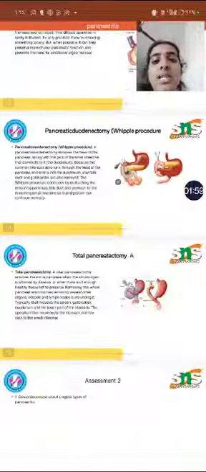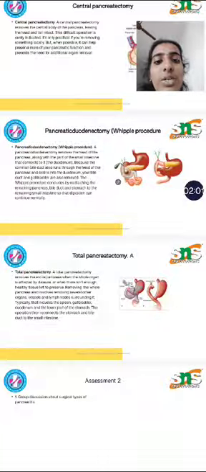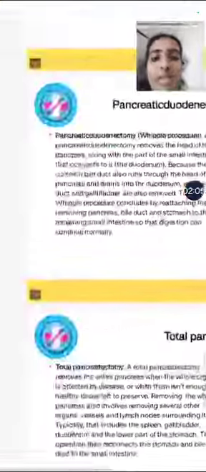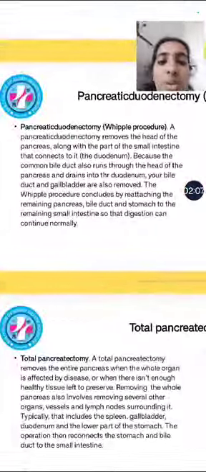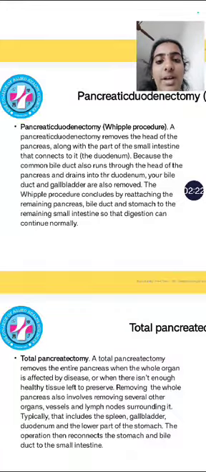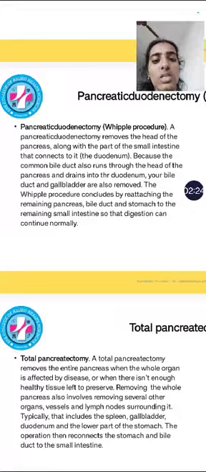The another one is pancreaticoduodenectomy, that is the Whipple procedure. The pancreaticoduodenectomy removes the head of the pancreas along with the part of the small intestine that connects to it, the duodenum, because the common bile duct also runs through the head of the pancreas and drains into the duodenum.